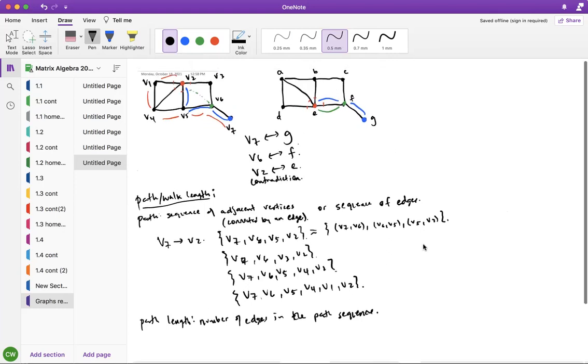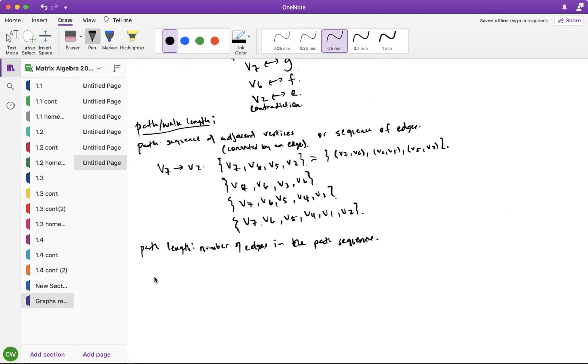The idea is that isomorphic graphs must preserve path lengths between vertices.